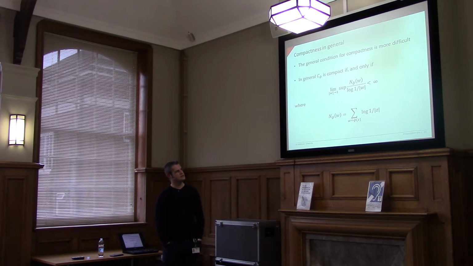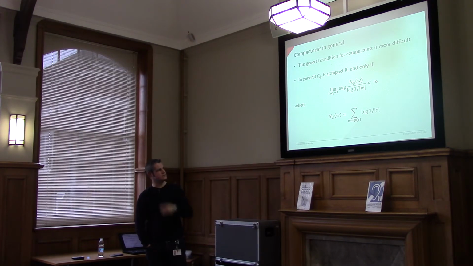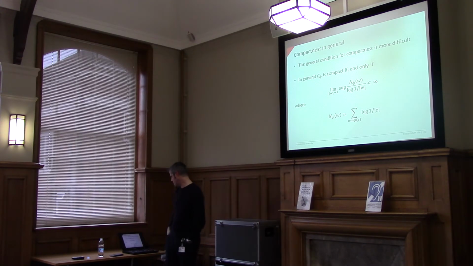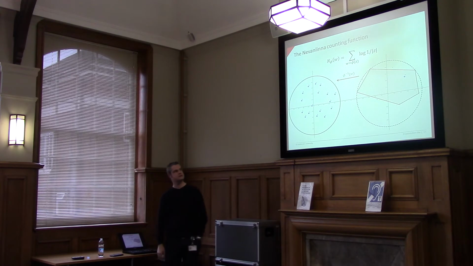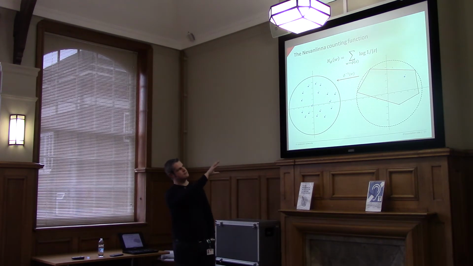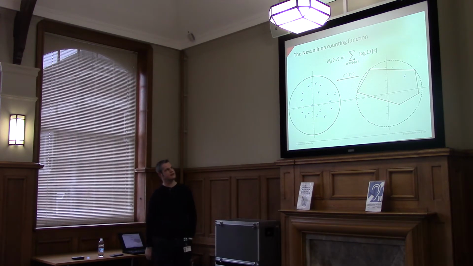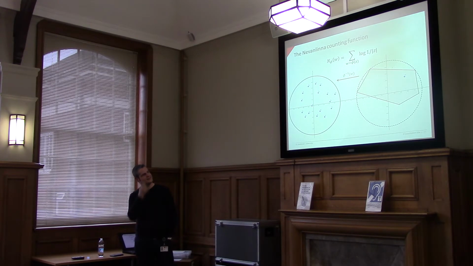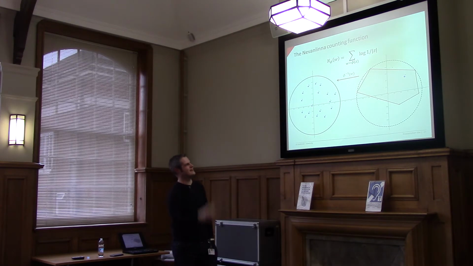So ignore the top one for a second. The important thing is what on earth this Nevanlinna counting function looks like. Remember, phi is a function that maps the unit disk onto some set here. Okay, I've cleverly drawn a simply connected set. But imagine it's not simply connected.